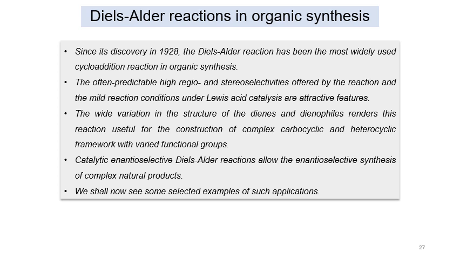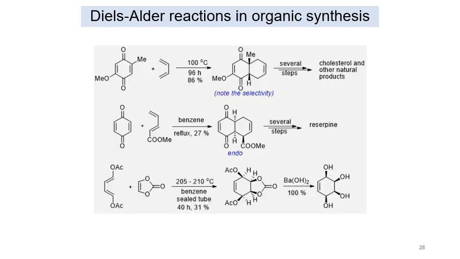You can widely vary the diene and dienophile in the transformation, and use it for the construction of a variety of complex carbocyclic and heterocyclic frameworks along with a variety of functional groups. Also, catalytic enantioselective Diels Alder reactions can be used in the enantioselective synthesis of complex natural products. Let's see a couple of examples.